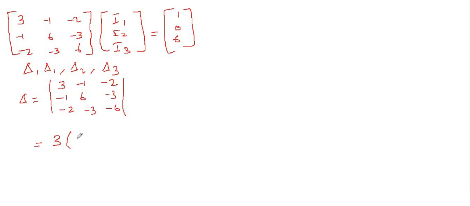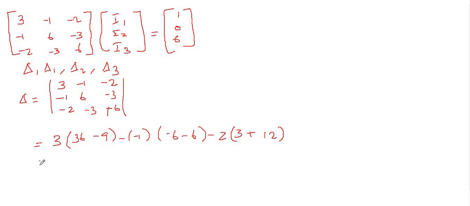6 into 6 is 36, and sorry, it is plus 6. So 3 into 36 minus 9, and minus of minus 1 into minus 6 minus 6, and minus 2 into 3, and it will be plus 12.